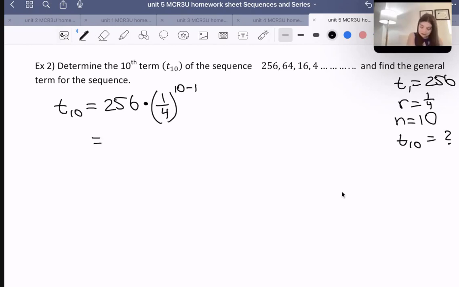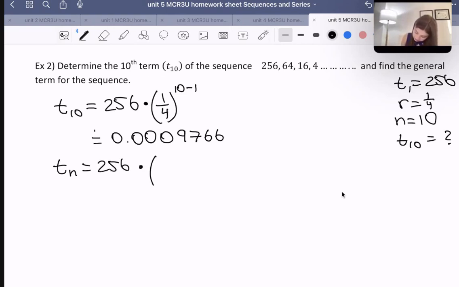So that's a fourth to the power of 9 times 256, which is going to be 0.0009766 approximately. So a very, very small number, but again, that's what we expected. Now, what about the general term? Well, the general term would be that the nth term in this sequence is 256 times 1/4 to the power of n minus 1. And there we go.